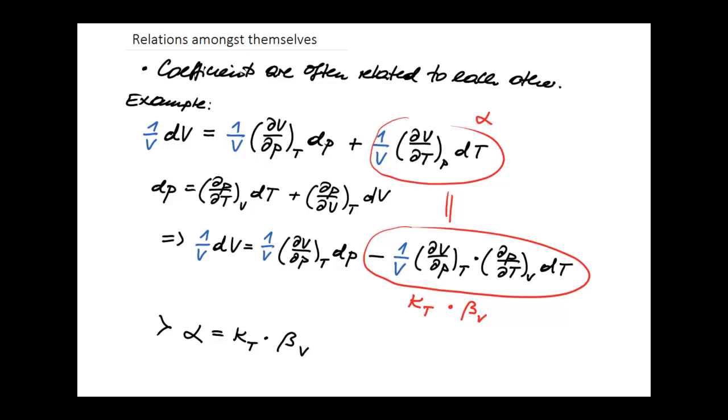And this is just one out of many relationships that you can find amongst the thermodynamic coefficients. On the last problem set, you will have another exercise where you will derive another of these relationships.